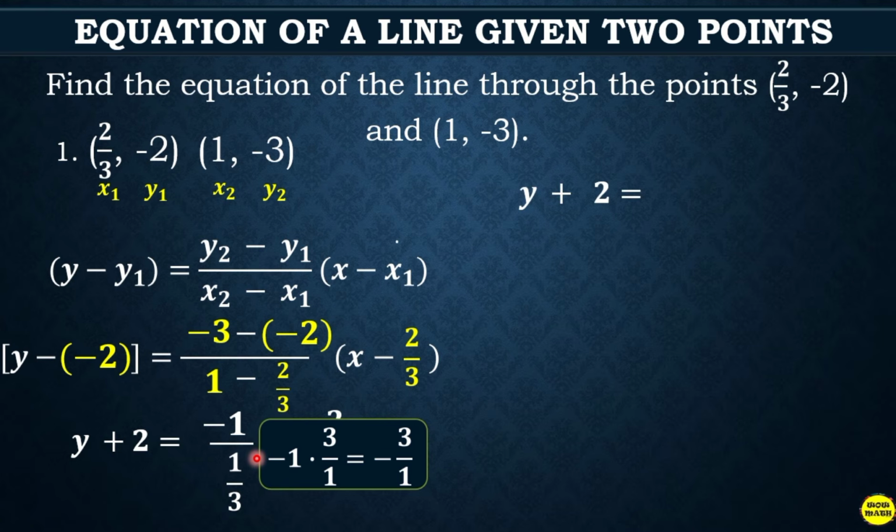Ito, paano natin isosolve ito? So, kapag meron tayong ganito, copy natin yung numerator, and then kunin mo yung reciprocal ng denominator. Lagi pong ganon. Kapag nagkaroon kayo ng fraction na yung denominator ay fraction din, ganito po ang gagawin. So, eto yung numerator, copy nyo yung numerator. Kung fraction yan, edi copy nyo yung fraction.